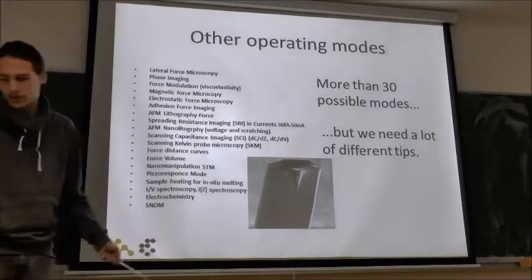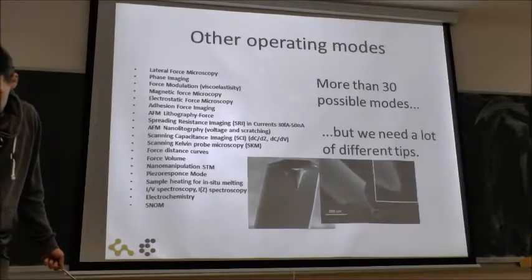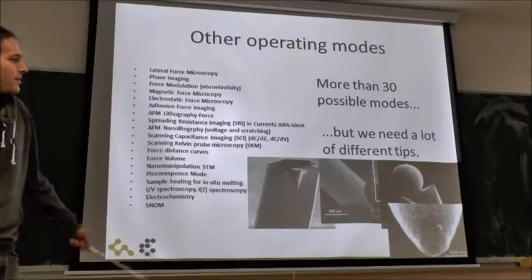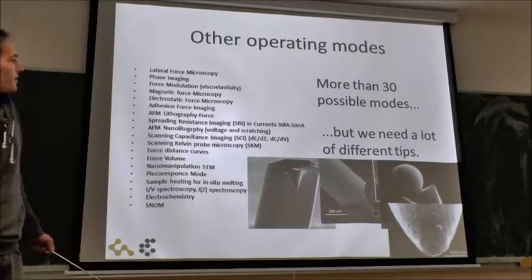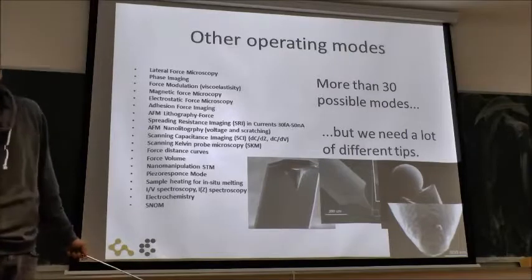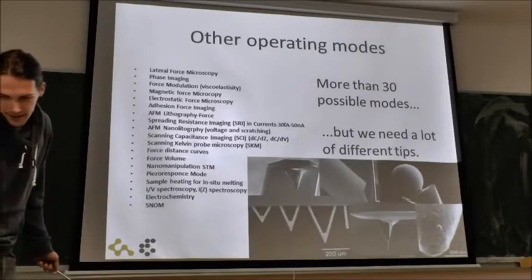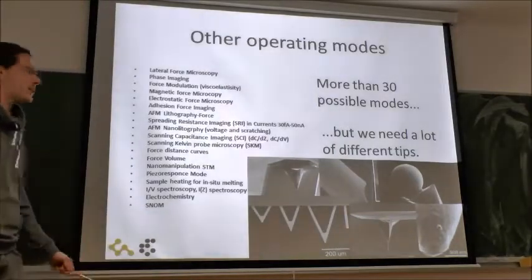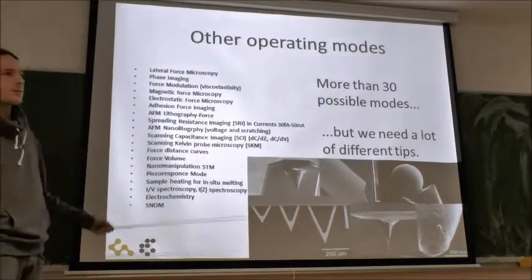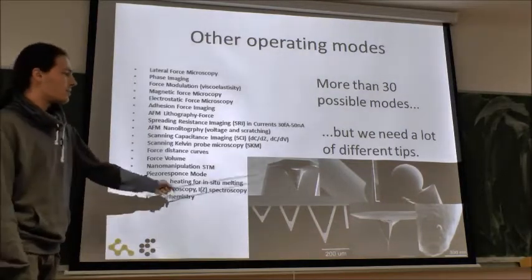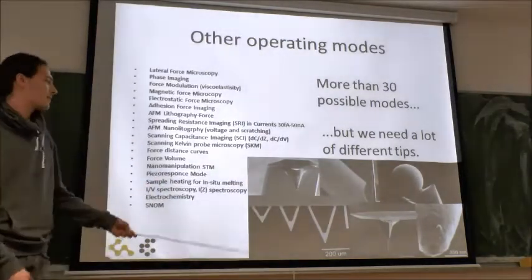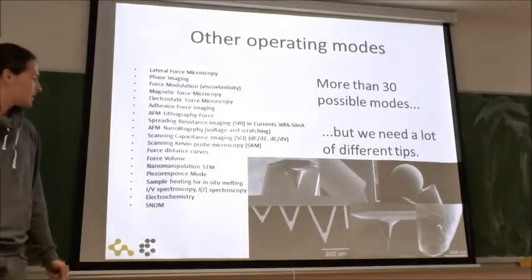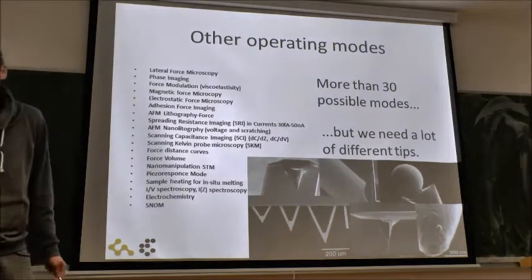I will just show some pictures because they're really different, and we need them for different modes. But of course we can use these tips with a coating that can then do, let's say, magnetic force microscopy. We use the same tip. They look the same, but they have different coatings to obtain this data.